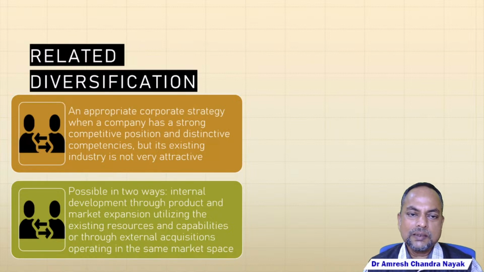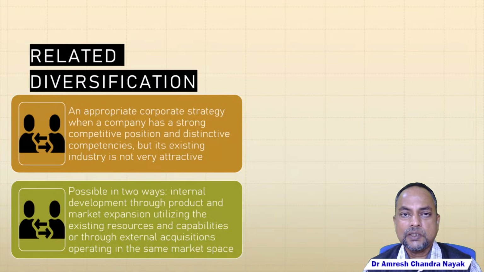So what is required is that you need to have a strong competitive position in the market, where you do have a complete set of distinct competencies. You do have all of your resources available, which can facilitate you to diversify into that, right? So this related diversification, we call it as what? The concentric diversification.